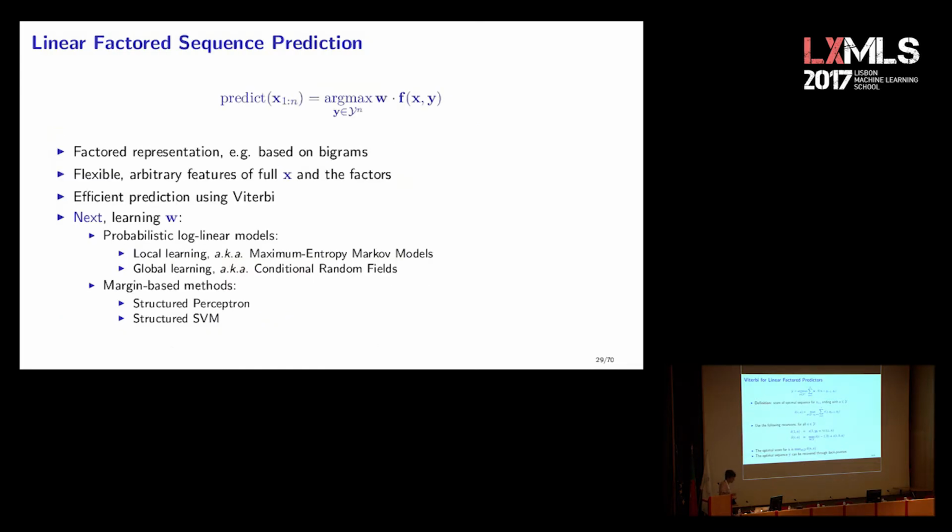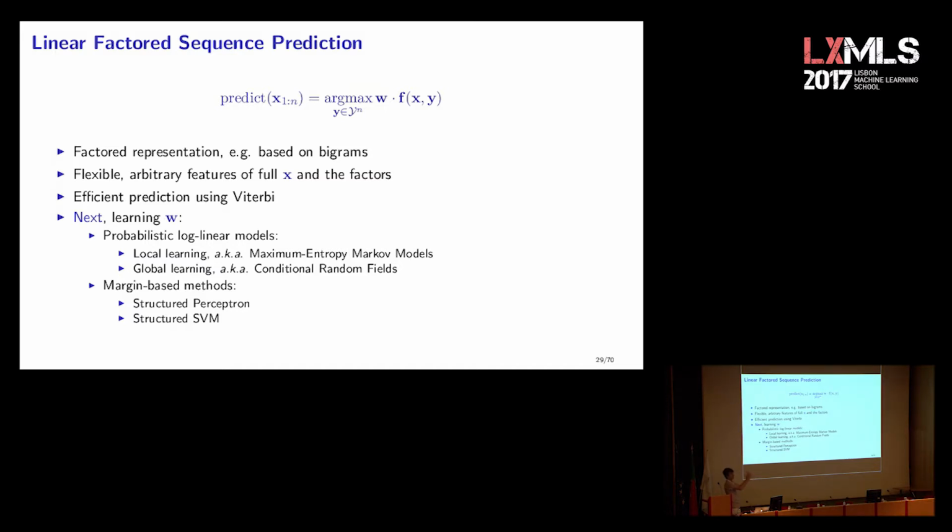So here's Viterbi. To recap, in the first part of this lecture, we want to predict output sequences. We have seen that if we want descriptions of the output in a feature extraction way, it's handy to look at just parts of the output, because it would be difficult to have features of the full output.